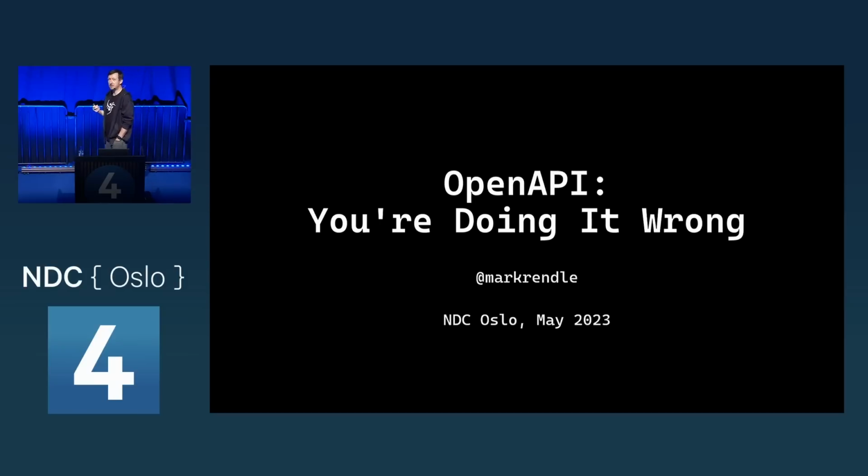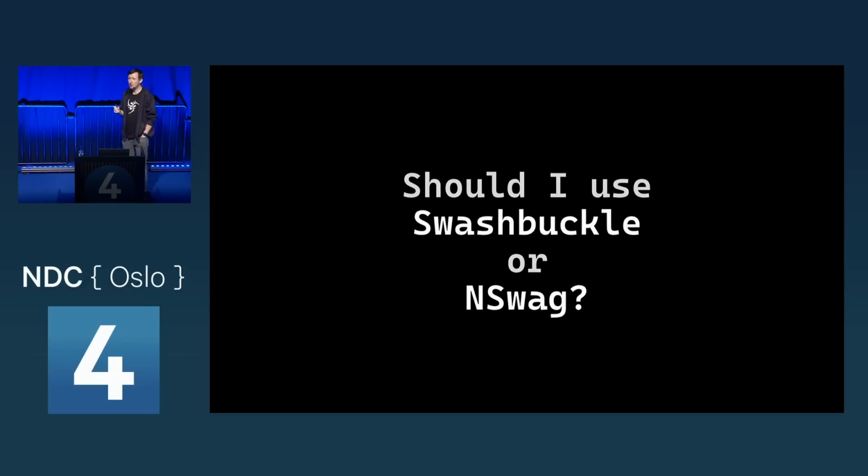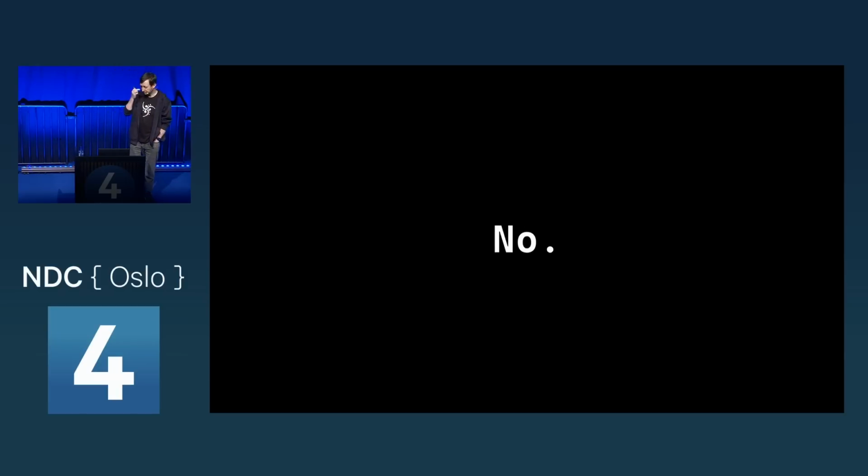And as .NET developers, the killer burning question for all of us when it comes to OpenAPI and Swagger is, should I use Swashbuckle or should I use NSwag? And I am here to answer that question once and for all. Okay, I don't have anything against the people behind Swashbuckle and NSwag, and what they do well.